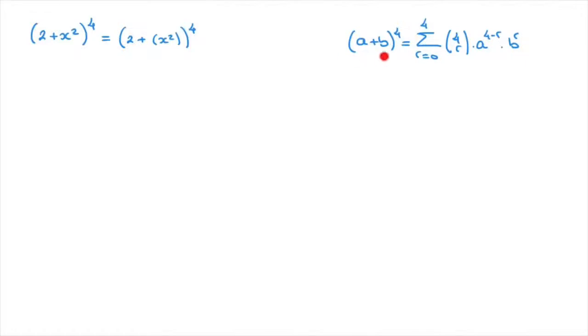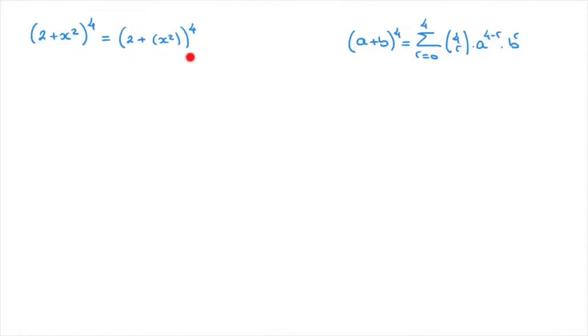Now, comparing (a + b)⁴ with (2 + x²)⁴, we can see that the only difference is the fact that we have replaced a by 2 and b by x² in parentheses.